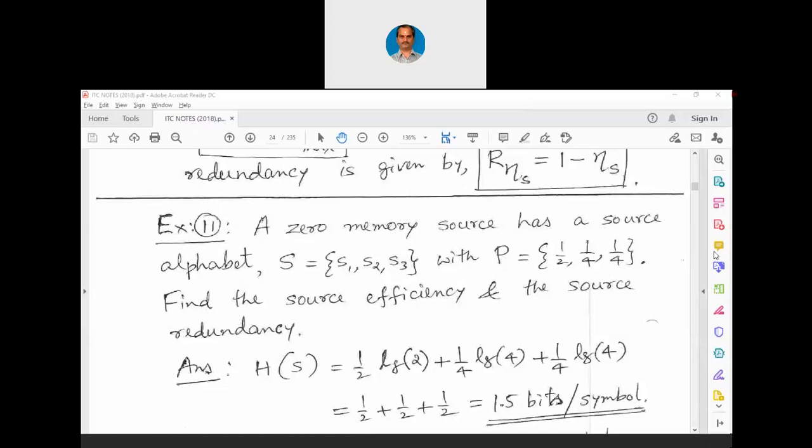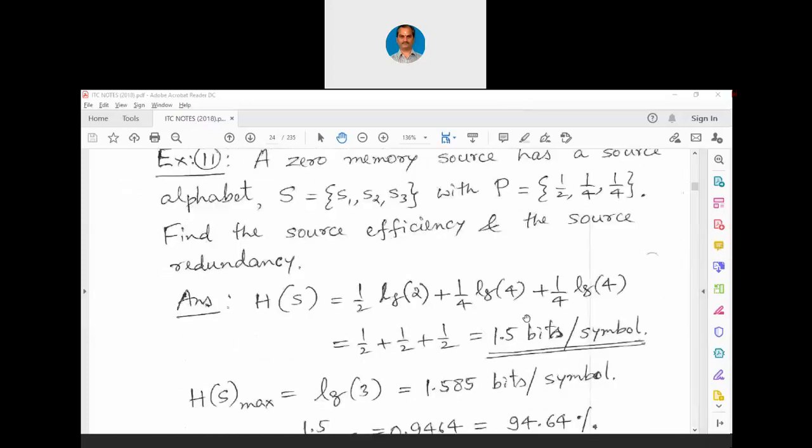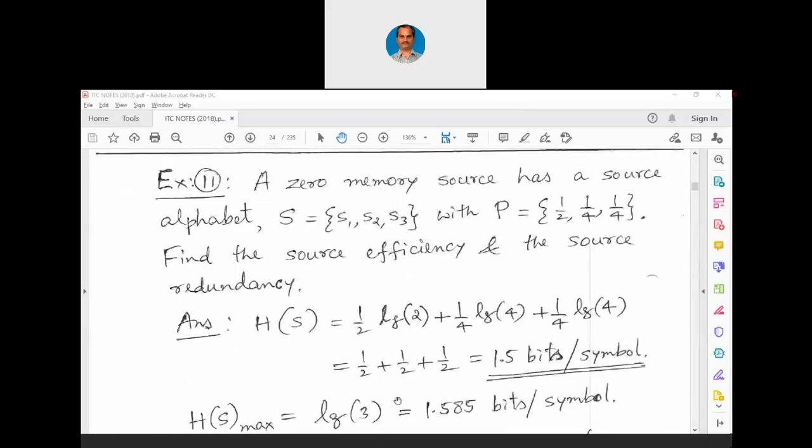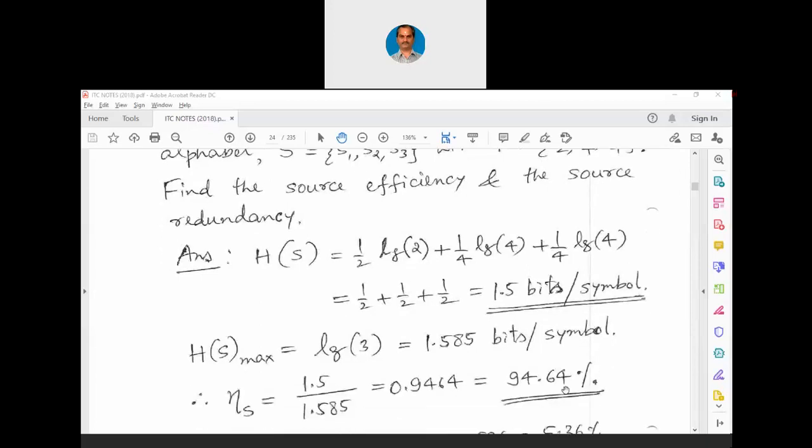That is correct. Next, H of S max is Lg of 3 because there are 3 symbols. Lg of M is nothing but Lg of 3. They must be equiprobable, 1 over 3, 1 over 3, 1 over 3. So this is 1.585 bits per symbol. So now eta is 1.5 divided by 1.585, which is 94.64%.